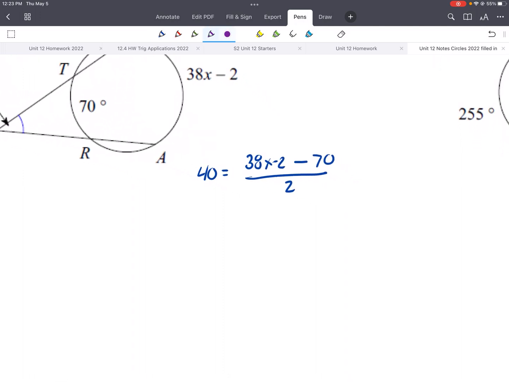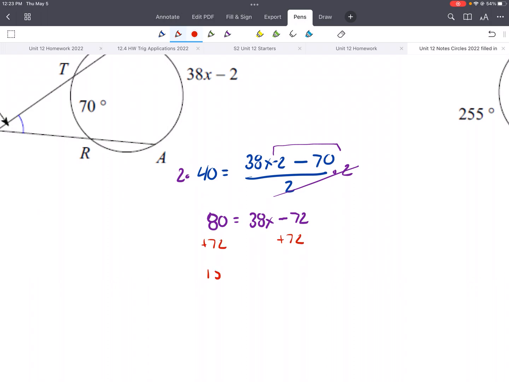Before we can combine like terms or get x by itself, we'd probably need to get rid of that denominator. So we can multiply both sides by 2, get 80 is equal to 38x minus 2 times 2, combined, that would give us negative 72. And then we just need to get x by itself, so we'd add 72.